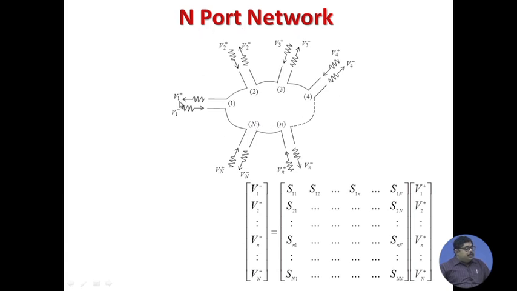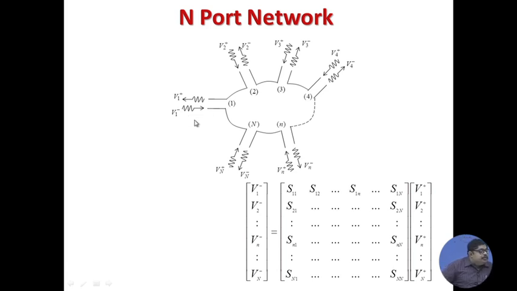Now, at every port there is one incident wave, which can come from outside entering the port, or, due to various things happening inside the network, there can be a reflected wave, reflected voltage wave V1 minus. Minus stands for reflected, plus stands for incident.